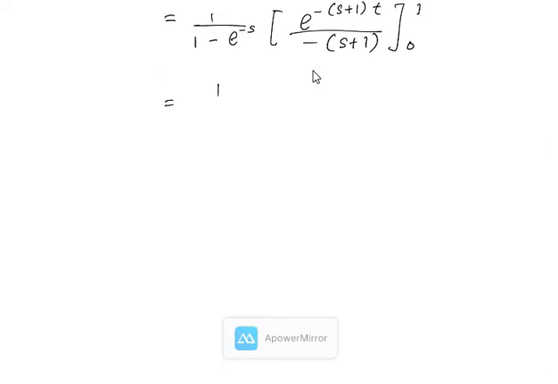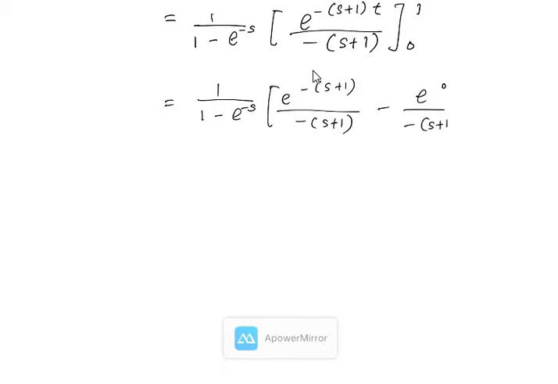So this is equal to 1 over 1 minus e to the power negative s. You substitute t with the values of 1 and 0. Then this one substitute with 0.